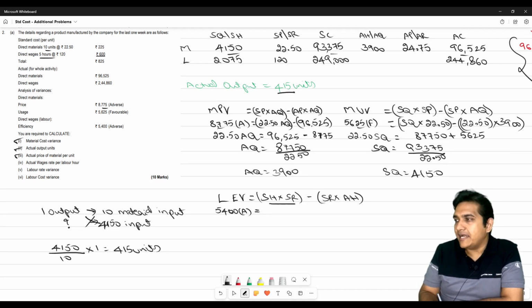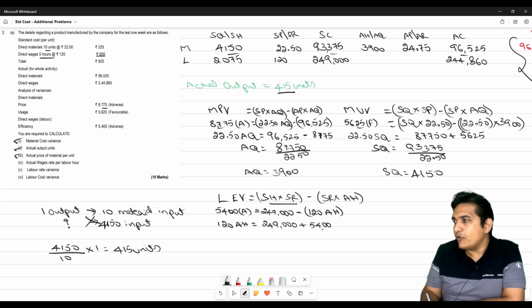If you multiply standard hours into standard rate, we get our standard cost. Since we have already computed it, we can straight away write 2,49,000 minus standard rate, which is 120 into actual hours. So simplifying this, we get 120 actual hours is equal to 2,49,000 plus 5,400.